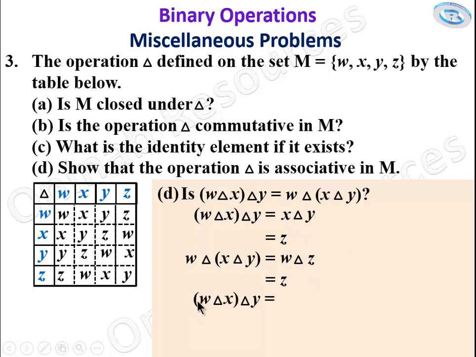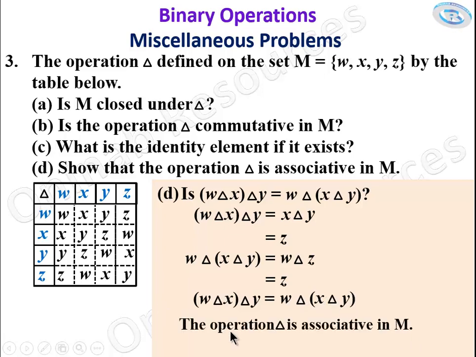Then we write W operation X in bracket operation Y is equal to W operation open bracket X operation Y, then close the bracket. Then we now conclude the operation delta is associative in M, and we have done justice to problem 3. This is where we are going to end the tutorial.